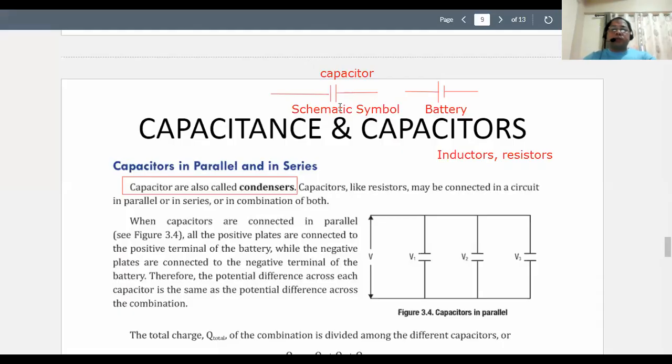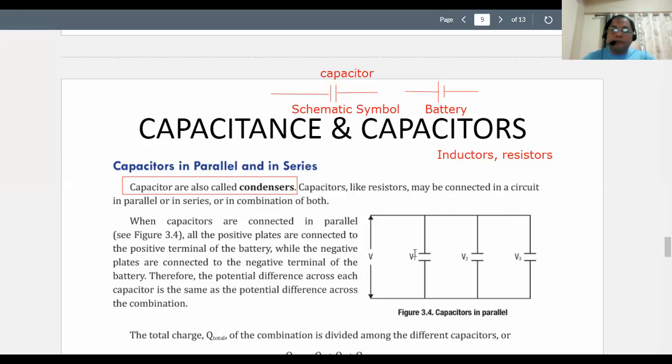Again, we start with the schematic symbol. If we connect the schematic symbols of capacitors to a circuit, then we have a schematic diagram. So you have a layout. Here we see three capacitances. These are capacitors, and they will eventually have voltages.